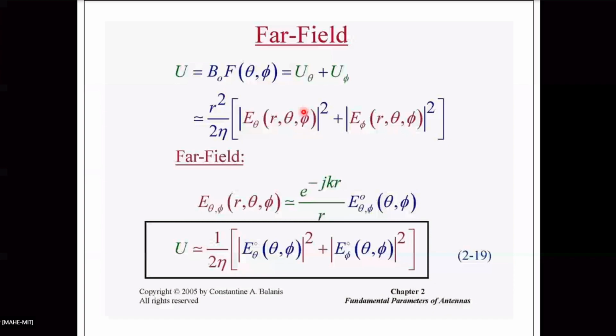E of R theta phi is e raised to power minus j k r by r E theta naught theta phi. So this is the expression for U. You can write U as B naught F of theta phi. B naught is a constant. We'll see that later.